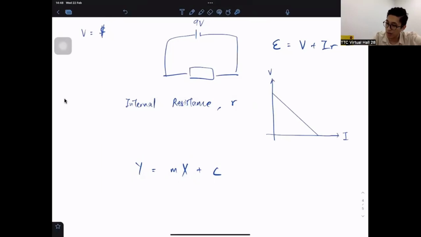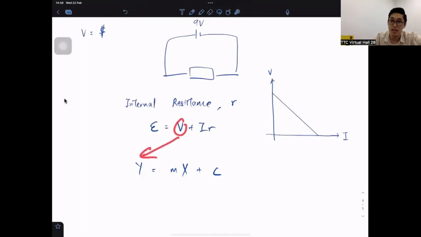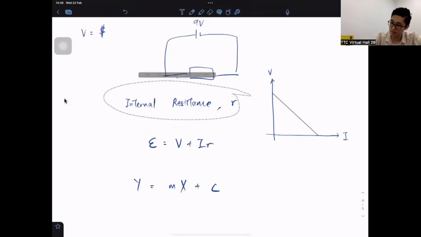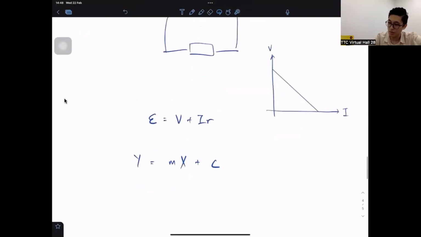I need to find a way to move this V until it stay here. Okay, let me remove all this first. I need to find a way to move the V to stay here. And then this x-axis is what? I need to find a way to move this I to stay here. Okay, so what can I do? Number one, I can move the IR to the other side.